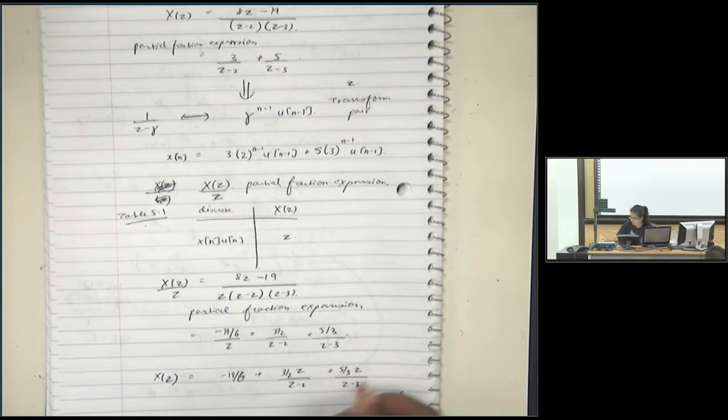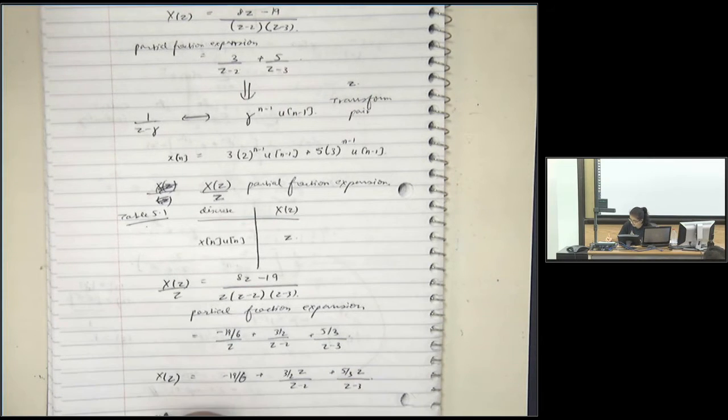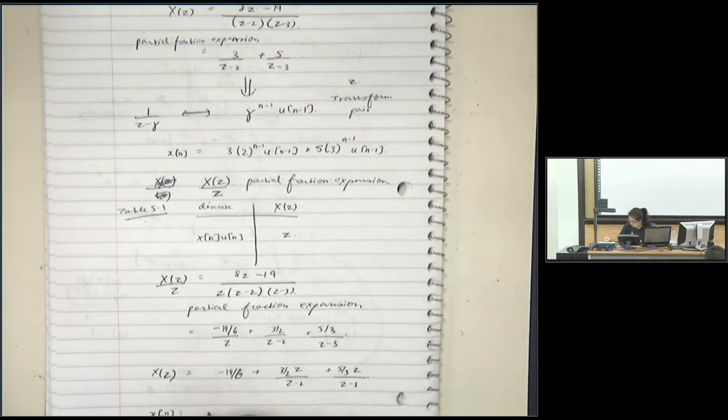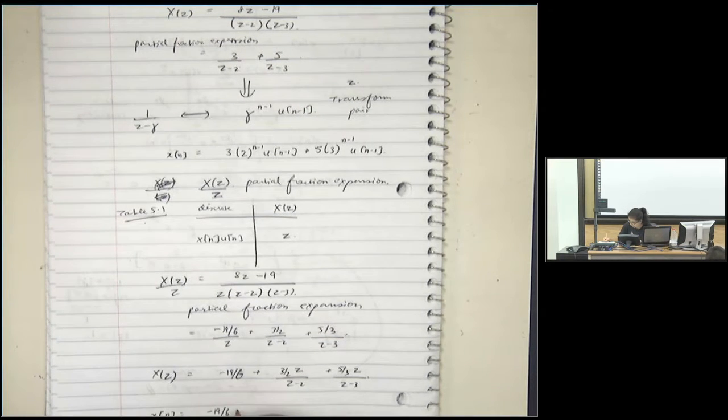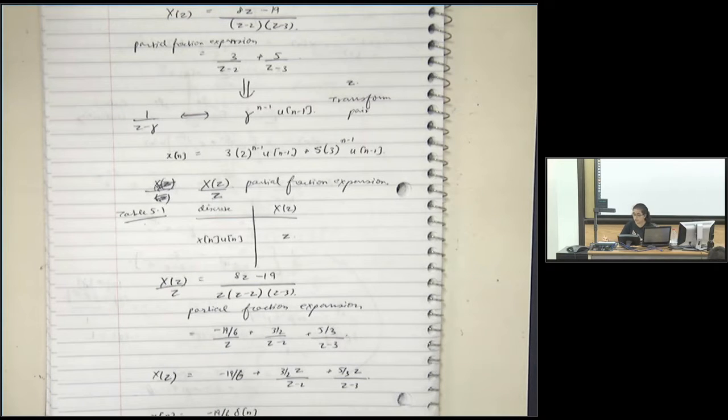Now x of n from the table will be minus 19 over 6 delta n. So just like Laplace, a constant would have a delta inverse. In Laplace, whenever you had a constant, you had a delta t. In Z transform, whenever you have a constant, you have a delta n.